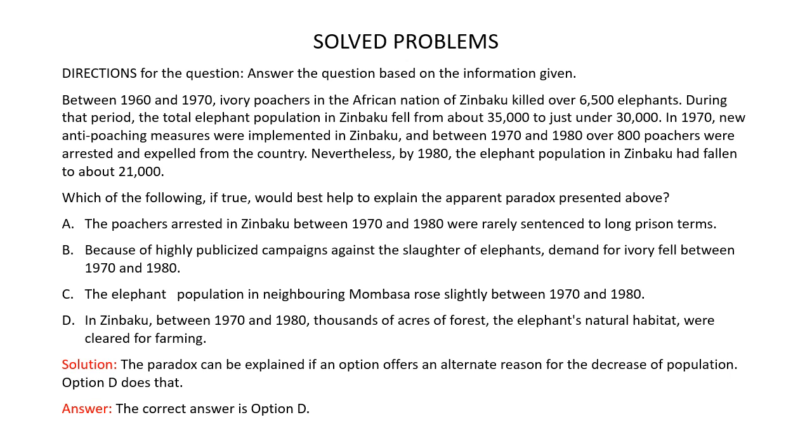Option D says in Zimbabwe between 1970 and 1980, thousands of acres of forest, the elephant's natural habitat, were cleared for farming. Clearly, this option offers an alternate reason for the decrease of elephant population. So the correct answer is option D.